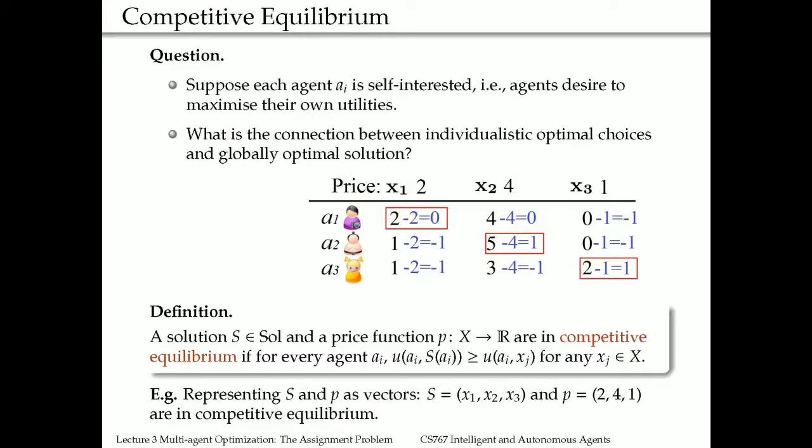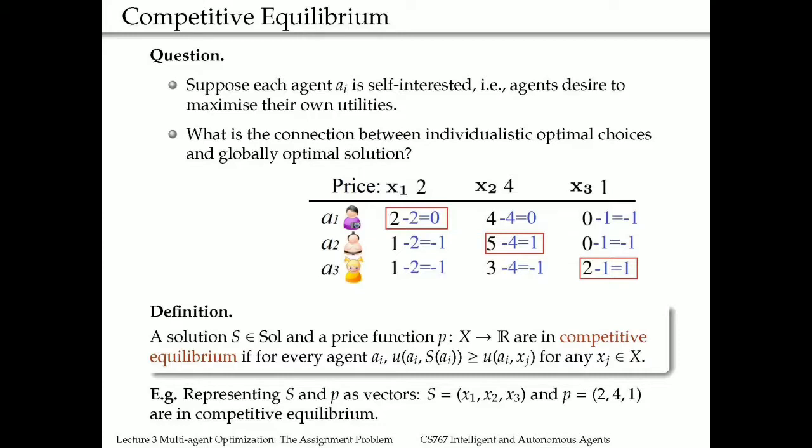So a solution paired up with a price function P, which is defined over all the items, are in competitive equilibrium if for every agent Ai, the utility that Ai receives under the current solution is bigger than, or at least not smaller than, the utility that Ai would receive had it received any other item.